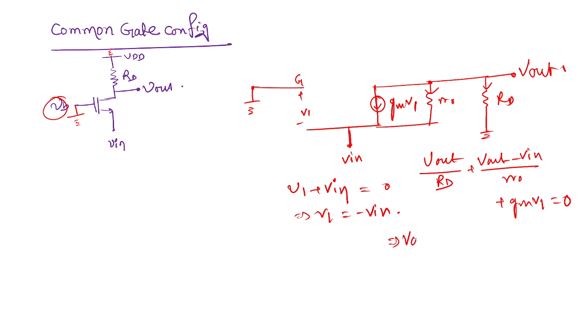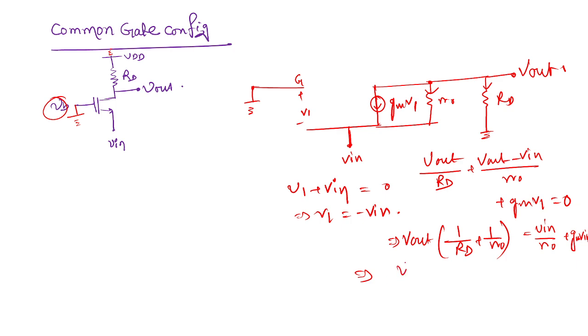So V out into 1 by RD plus 1 by R0 is equal to Vin by R0, and when GM V1 comes to the right side, it becomes minus GM V1, and you also know V1 is equal to minus Vin, so it will be GM Vin.